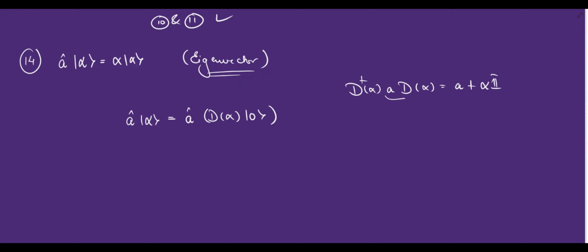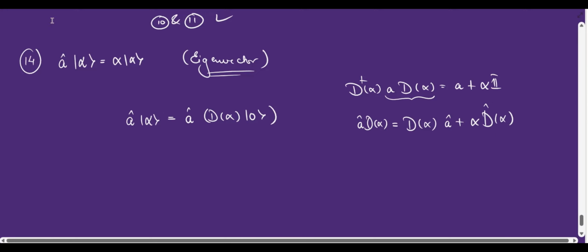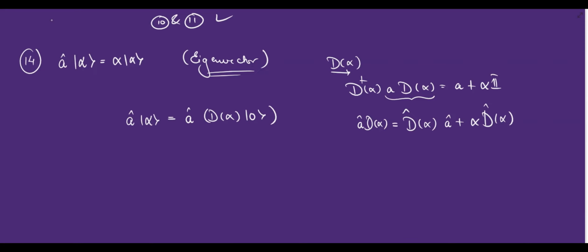But you know that a-cap acting on D of alpha is equal to, I take this over here, D of alpha a-cap plus alpha times D of alpha. Now you'll be wondering how I got it. I got it by multiplying D of alpha from the left hand side.